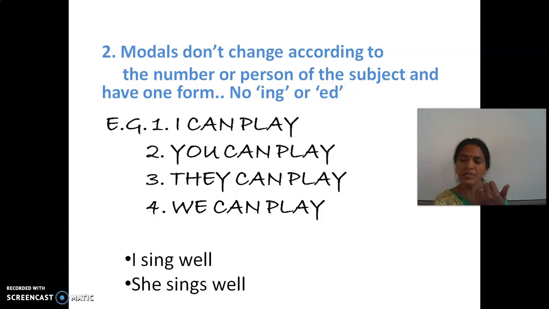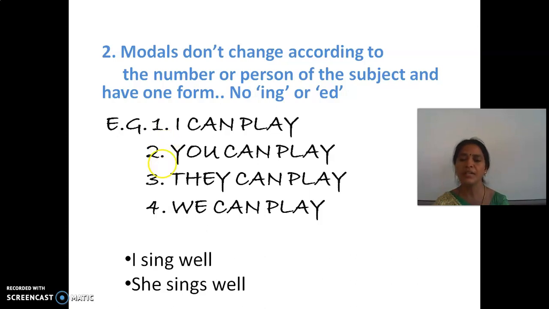I have written down here, I sing well. Suppose I say the same thing in the past, I sang well. You understand? We are changing the forms of these main verbs. But with modal verbs, they don't change the verb form. They remain the same.